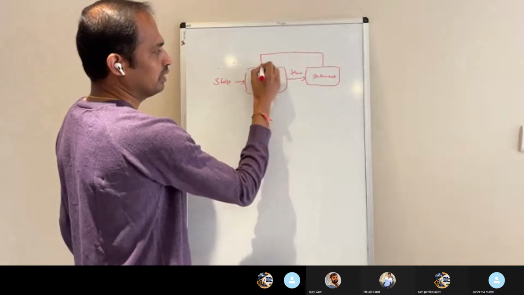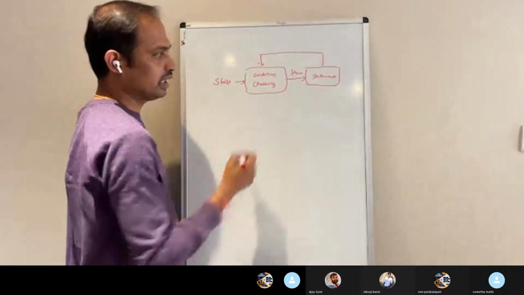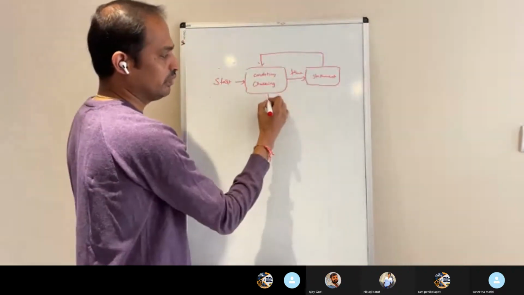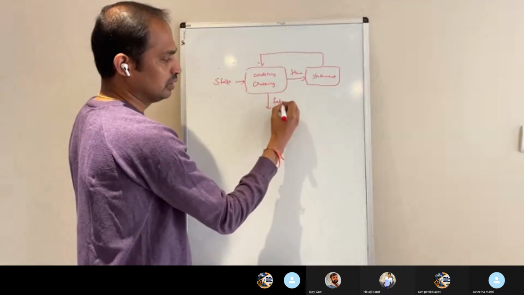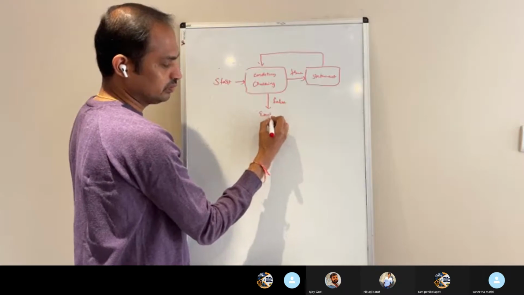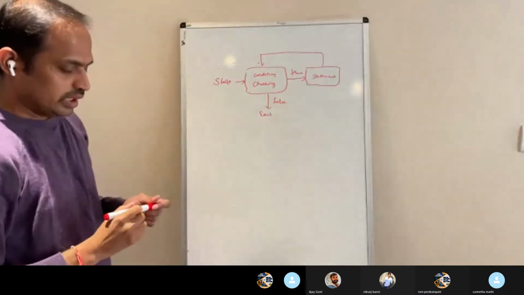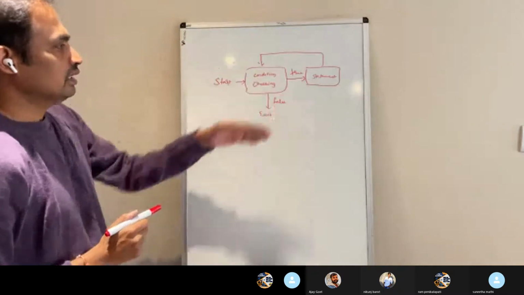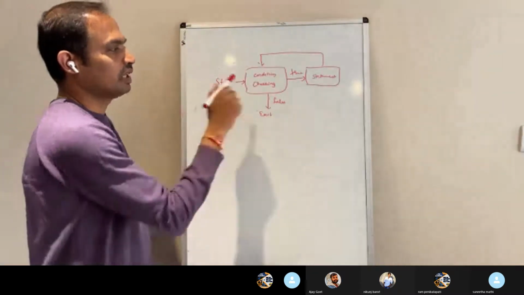It will come back again after printing the statement, check the condition, and print. If the condition is false, then it will exit. The program will exit. This is the while loop.